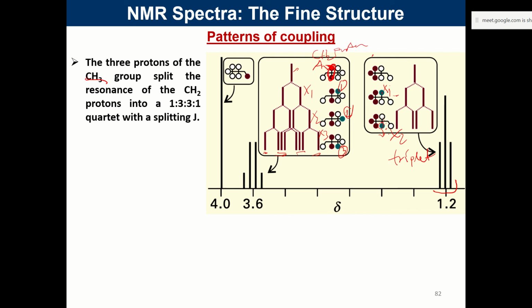You will see 1 is to 3 is to 3 is to 1. So clearly you can see how you are getting 1 is to 3. So if you compare the intensities, the results that you get experimentally are verified by these theoretical considerations.